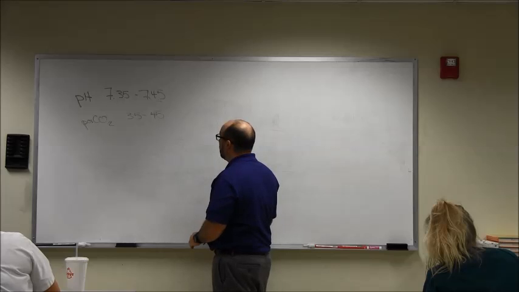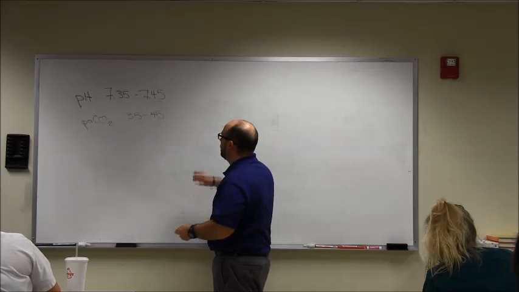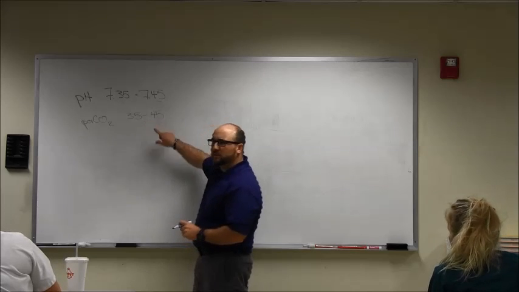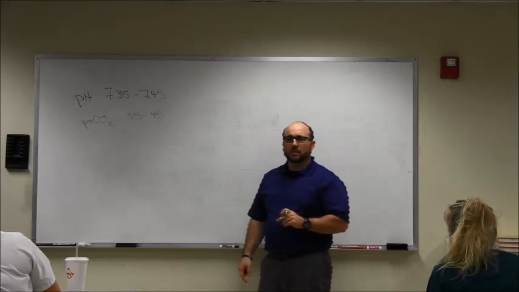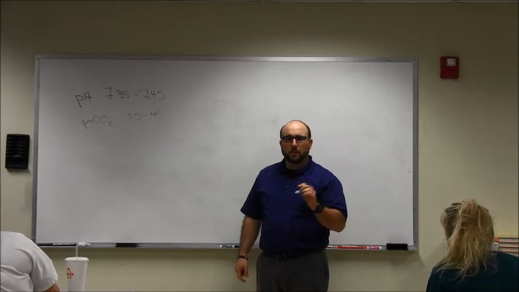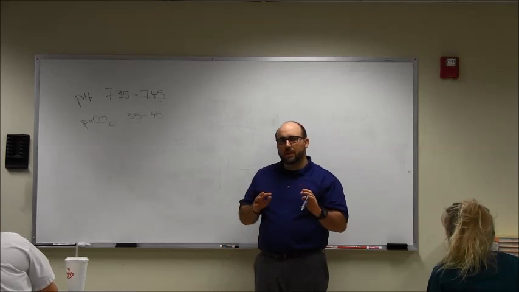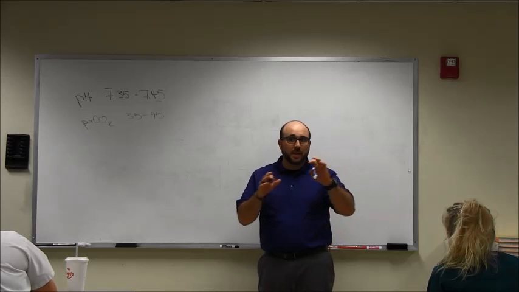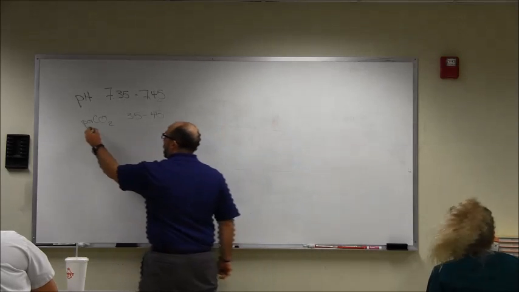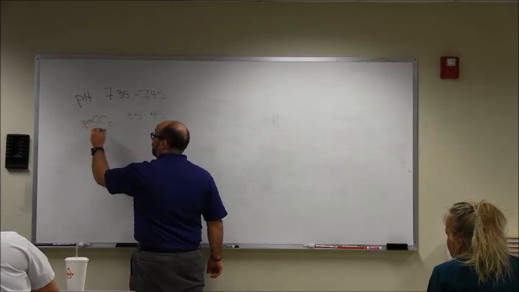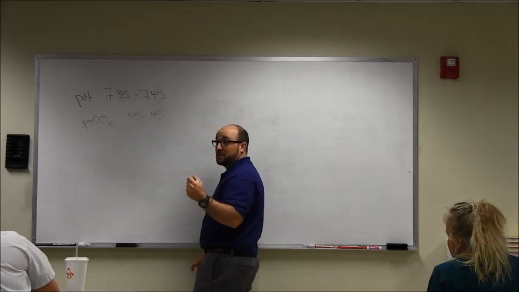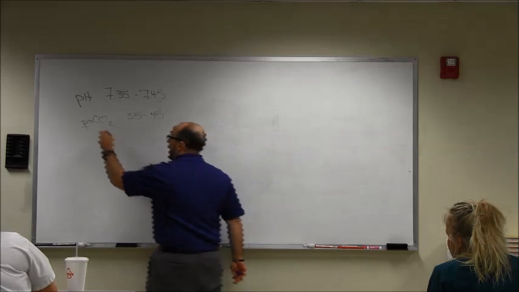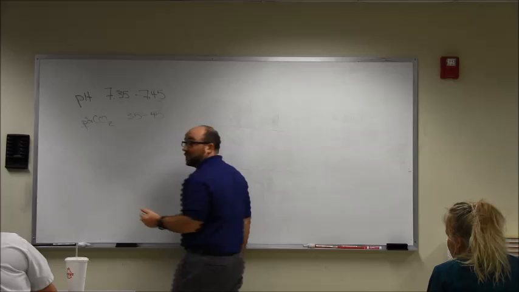Marker's not working great with this. You know what the units for this is? So PaCO2, we'll talk a little bit about this, but what does that stand for? Partial pressure of CO2 in the little a, which is the arterial system.